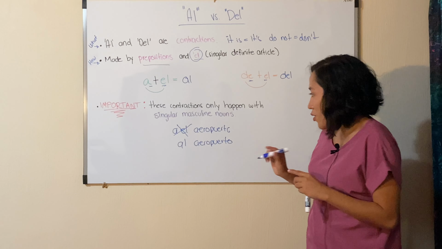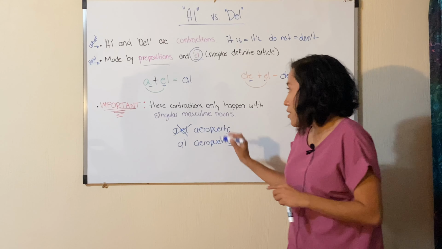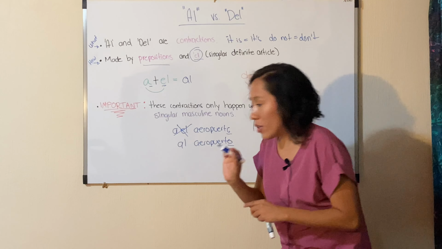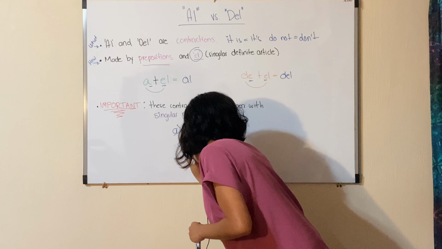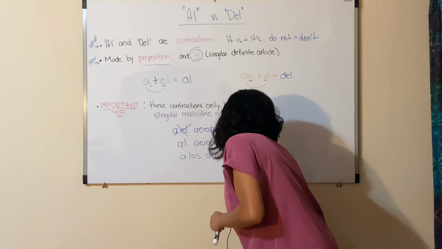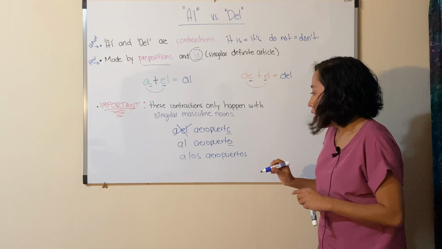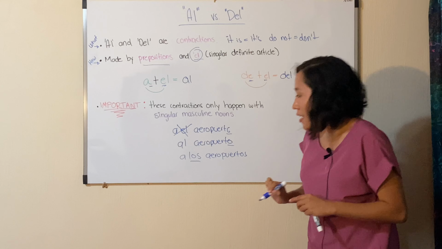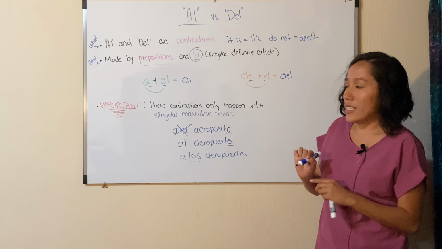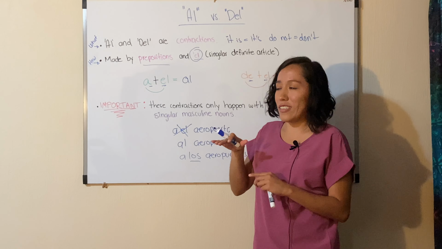As I told you before, this is a singular masculine noun. This rule does not apply if I'm talking about something plural. Can you see why? Because in this case, the definite article does not start with a vowel, which makes my pronunciation a little bit easier.